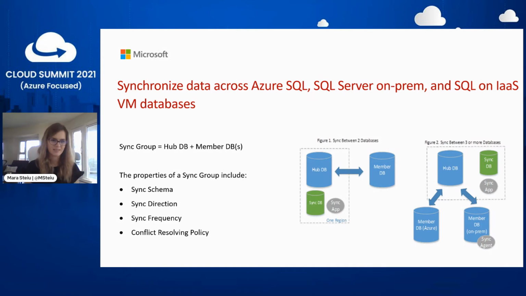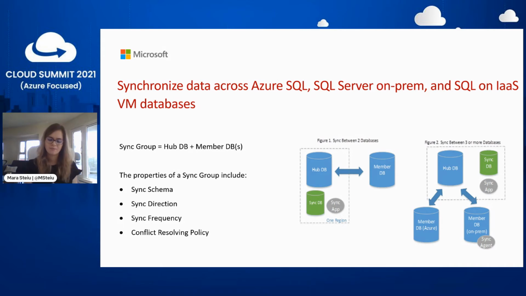Then you can also configure the sync frequency. So here you might decide to run sync manually on an on-demand basis, which is totally fine. However, you might also decide to do it automatically. So when you go in the Azure portal and configure your sync group, which we'll see in a second for a demo, you can say, I want sync to be triggered every 30 seconds or even every 30 days, which totally works.